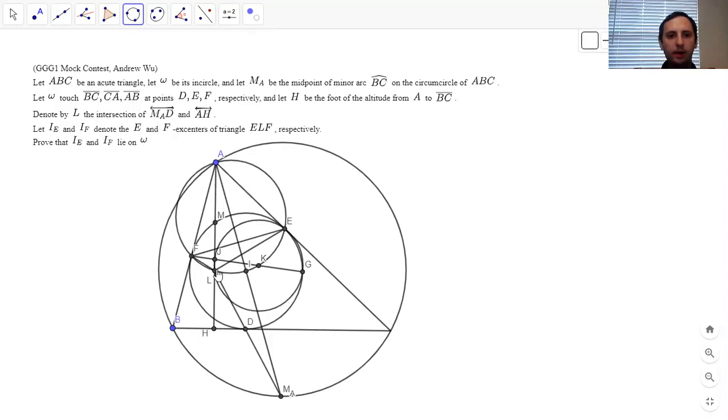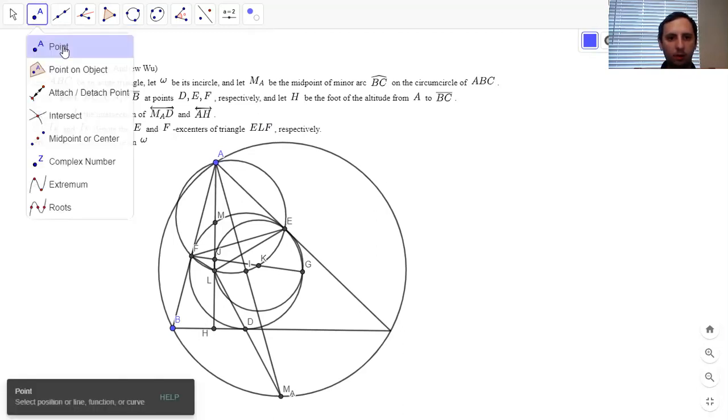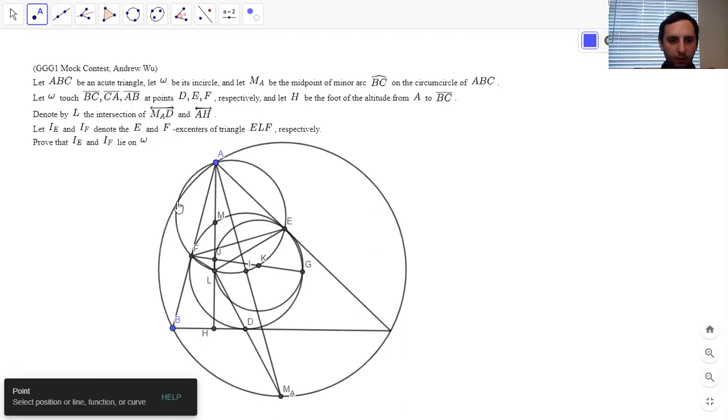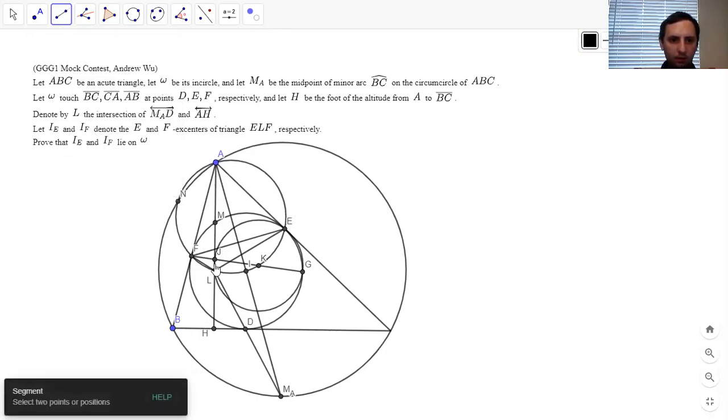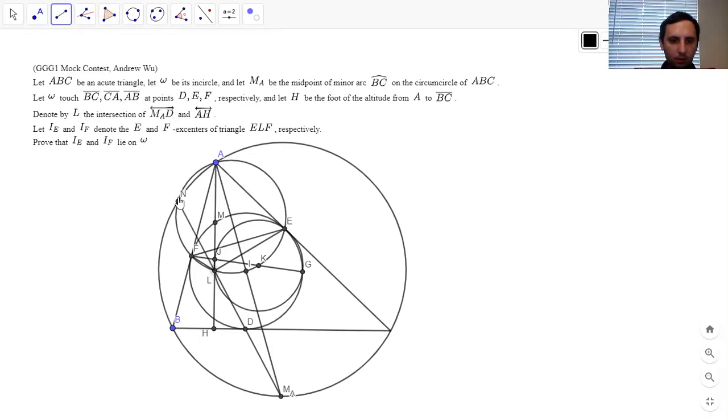Okay, so MAD, I've proven this in my video on the Sharkey-Devil point. So MAD is going to pass through L, and it's also going to pass through this point, N. So yeah, this line passes through all these points.